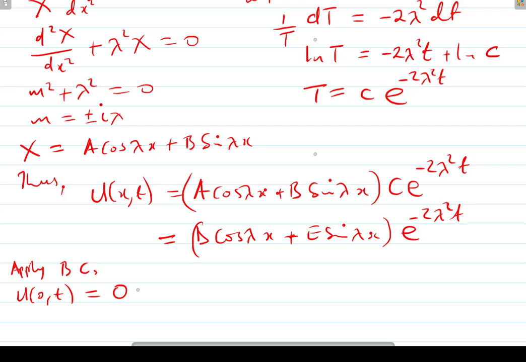If I put 0 here, this will be d, and this will be 0, so that is e to the negative 2 lambda squared t. Yes, that is correct. Then once we do that, only d can be 0 here, so it implies that d is the one which is 0, because this cannot be 0.